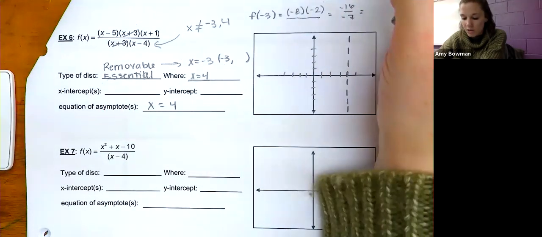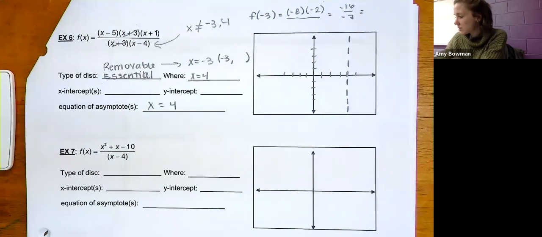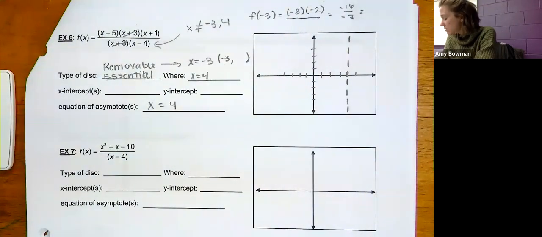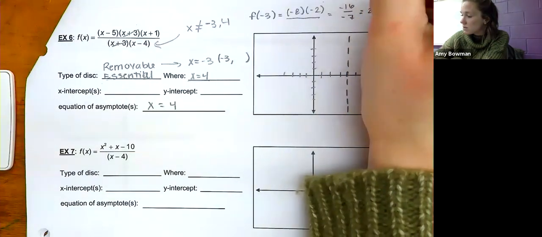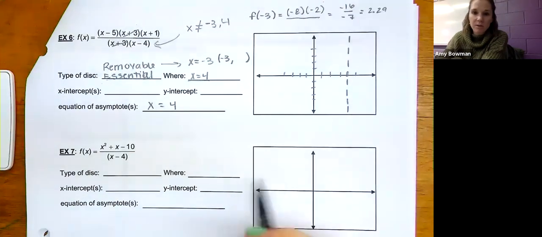So I've got a hole at -16 over -7. Let's get a decimal, about -2.29. That'll be helpful when I'm piecing my graph together.